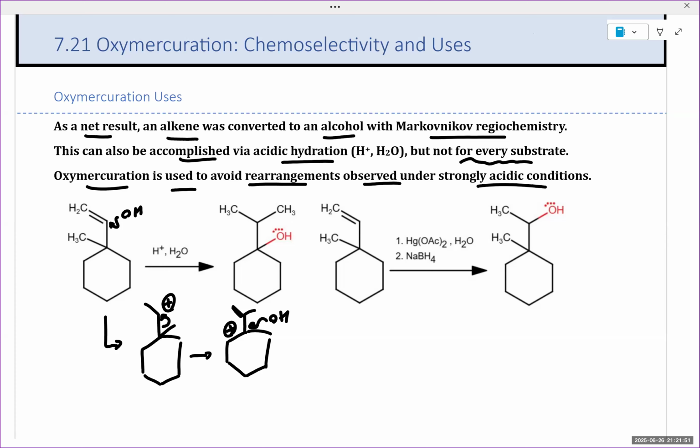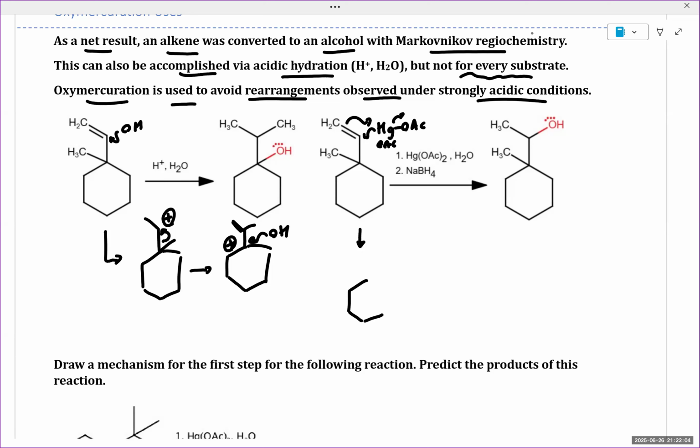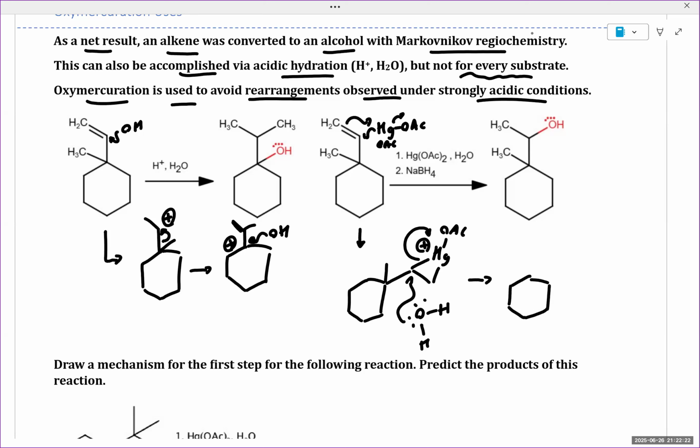With oxymercuration, you don't have that problem because you don't go through a carbocation. We go through a mercurinium ion. And because we go through a mercurinium ion, we don't see carbocation rearrangements. So the main use of oxymercuration is that it can be used on sensitive substrates.